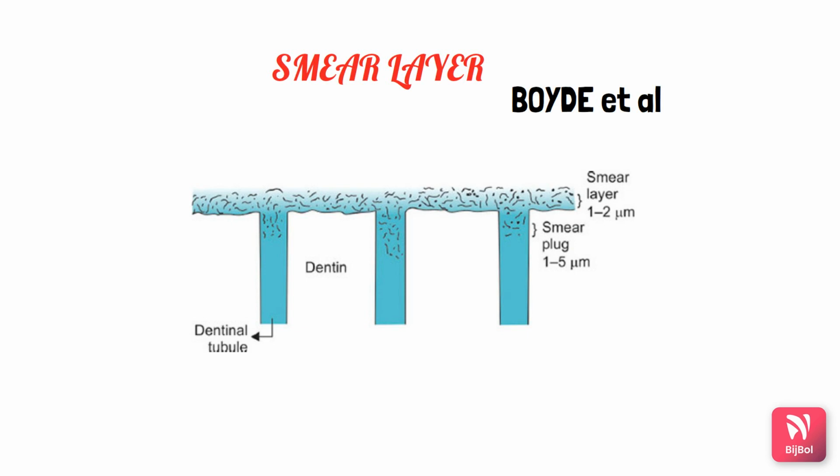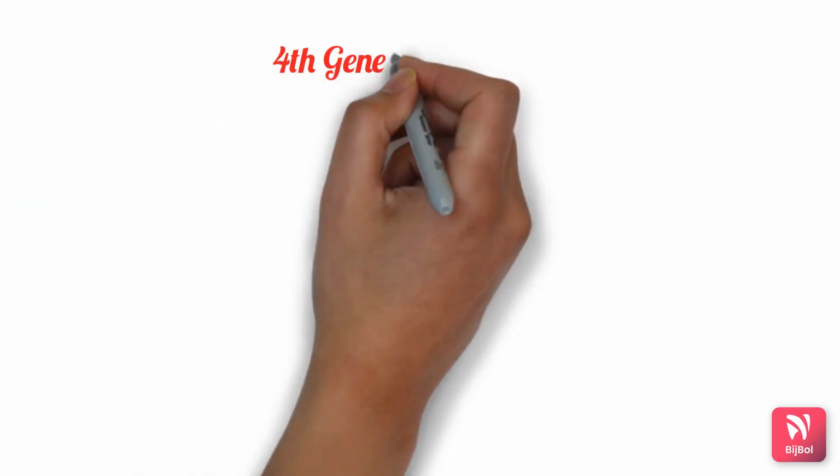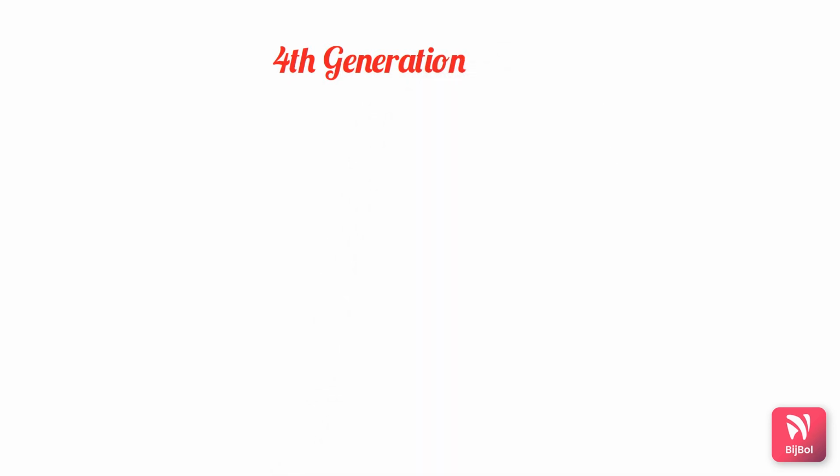The loosely attached smear layer consists of 1 to 5 microns, whereas the smear plugs that occlude the dentinal tubules extend up to 10 microns. So the third generation dentin bonding agents will help in modification of the smear layer to improve its properties, or to remove the smear layer without disturbing the smear plugs that occlude the dentinal tubules.